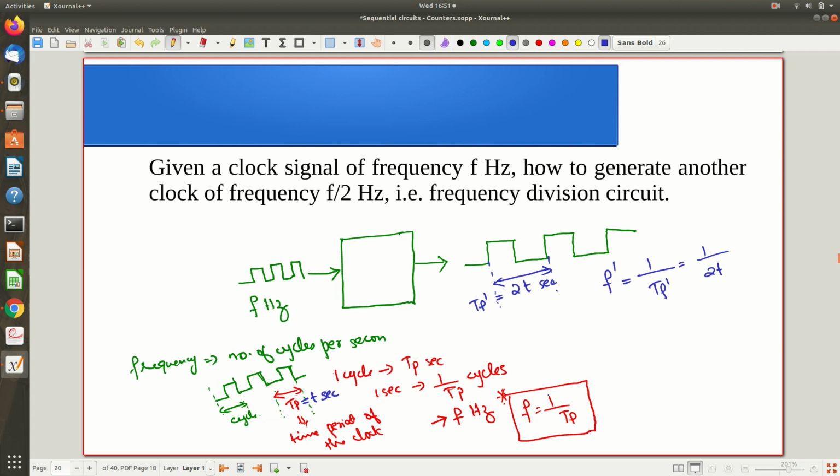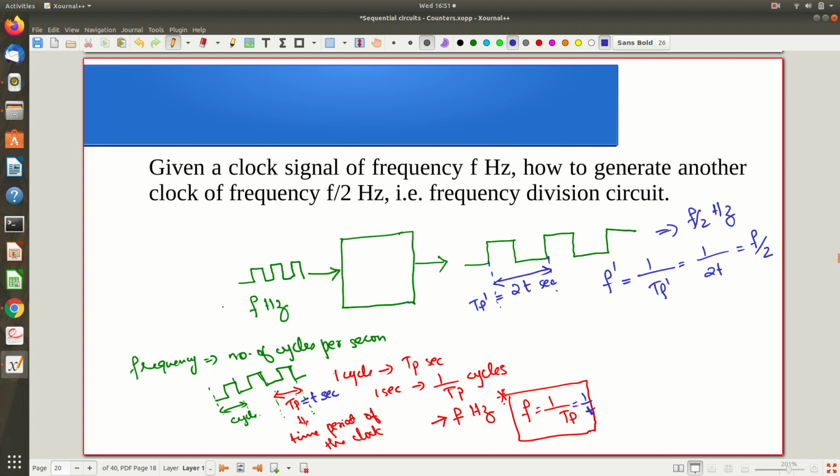Now the input frequency is 1 by TP, and TP is nothing but T, so this is 1 by T, and this 1 by T is nothing but F. So this will be F by 2. So what I am getting is an output waveform of frequency F by 2 hertz.